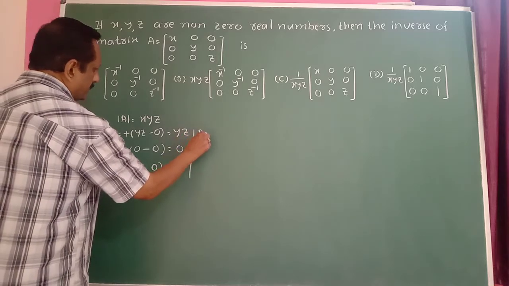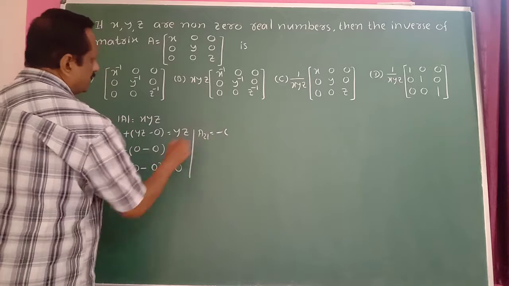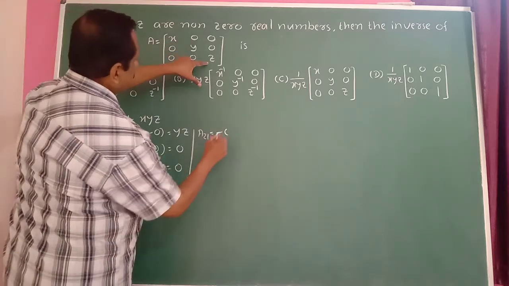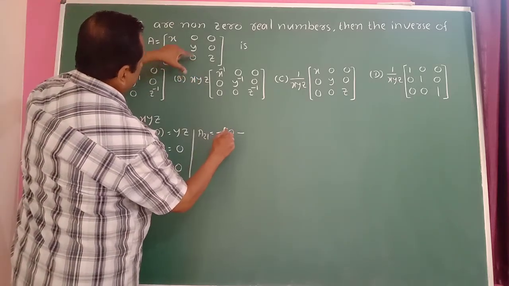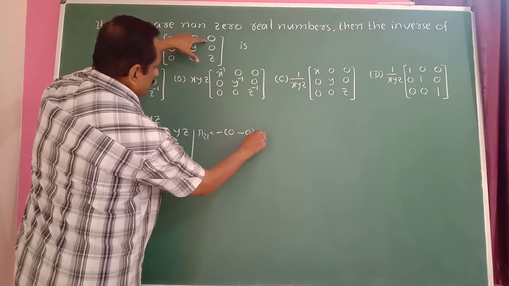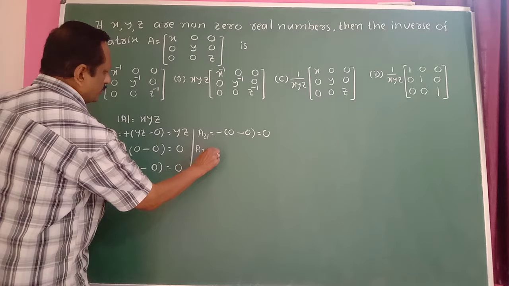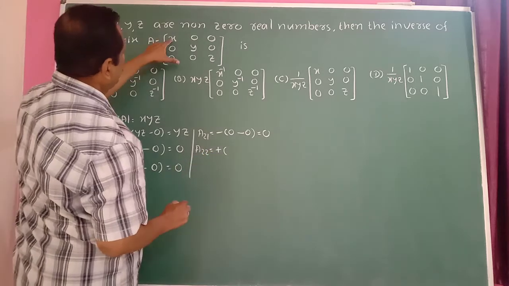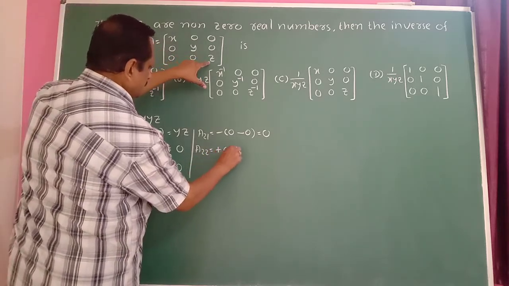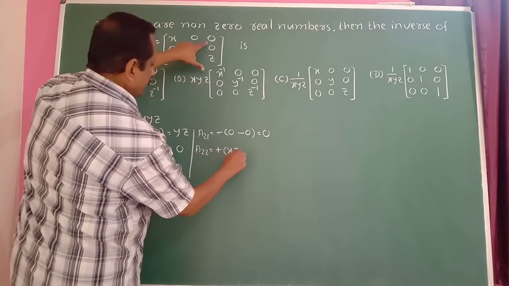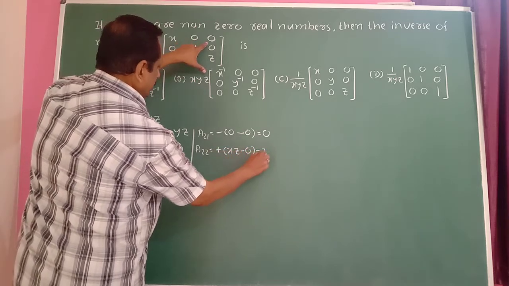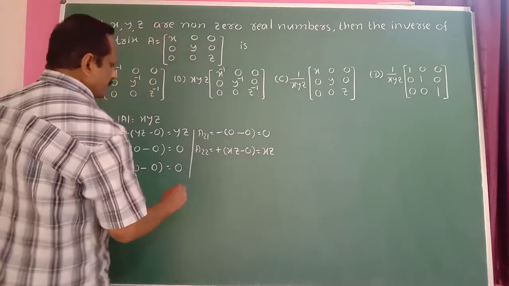Then A21: minus of 0 into z becomes 0 and 0 into 0 becomes 0, it is 0. Then A22: x into z, 0 into 0 becomes 0, that is equal to xz.